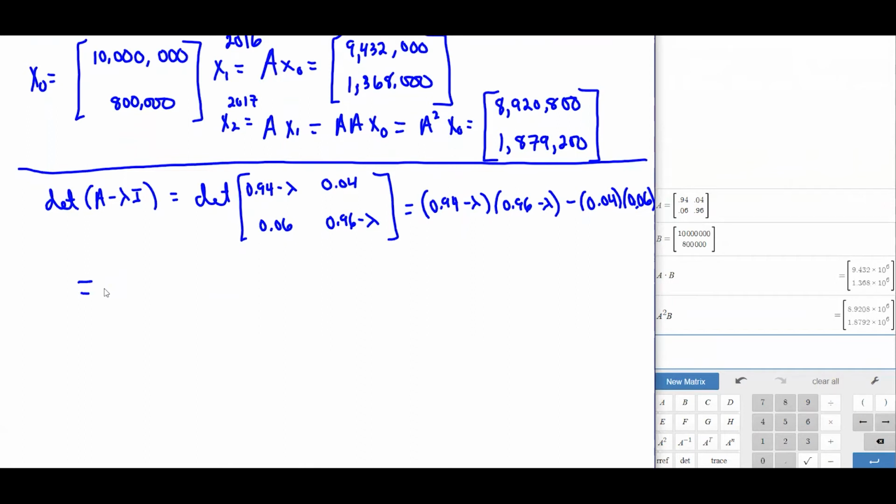I'm just going to use my handheld calculator to do a few of these multiplications. This looks very messy because of all the decimals, but we'll see how it works out. Don't despair.